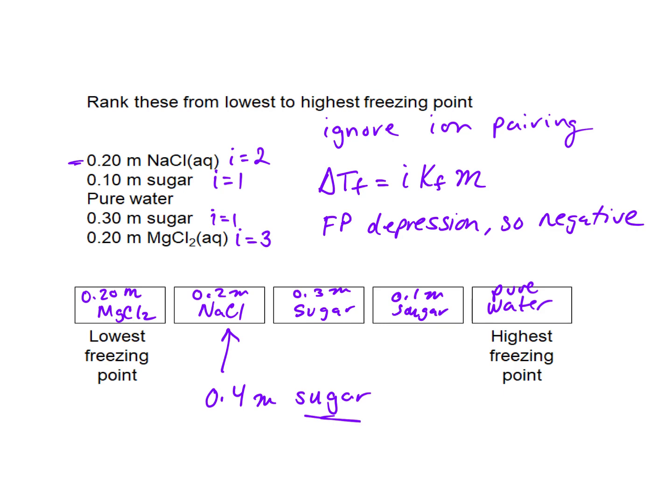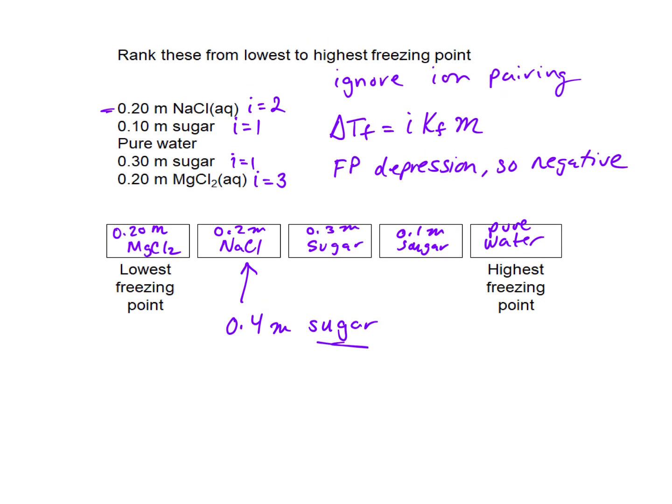Now, let's ignore the 0.4 molal sugar. But for everything else, let's include ion pairing. Let's say it can happen. But I'm not going to give you the values. I don't care for actual calculation right now. Let's think about how these values will change.